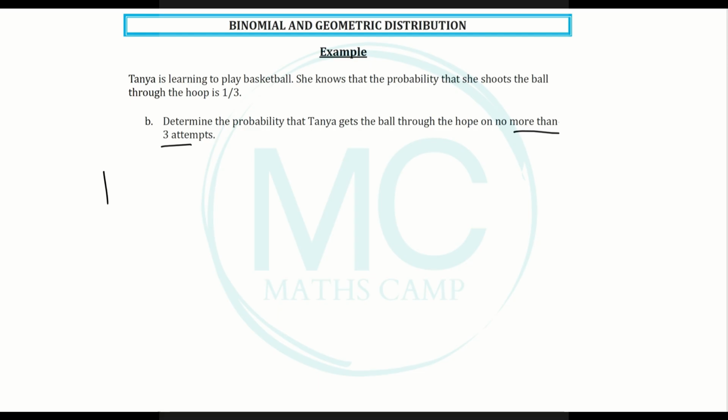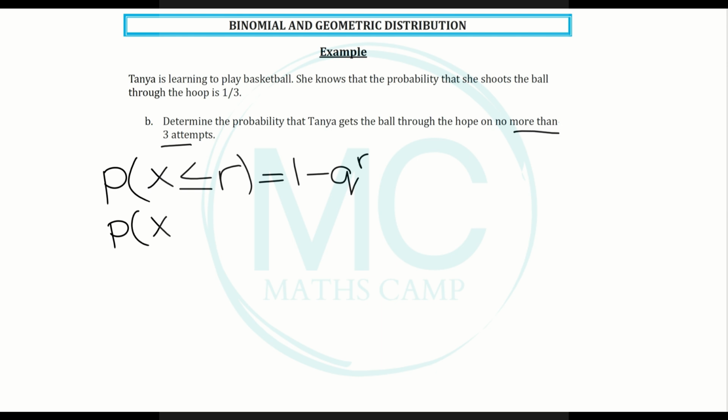And we now know that the probability that x is smaller than or equal to our restriction, let's say r, is equal to 1 minus q with an exponent of r. In this case, our r value is 3. So we can say the probability that x is smaller than or equal to 3 is equal to 1 minus, from part A, we know that q is 2 over 3, with an exponent of r, which is 3.